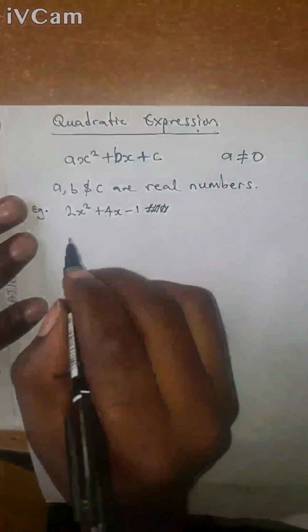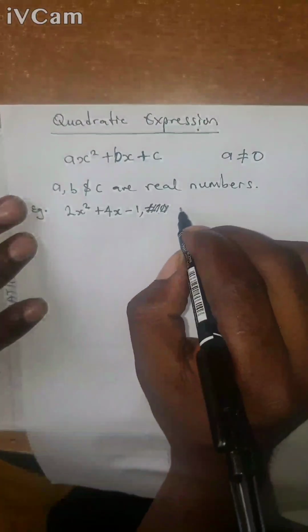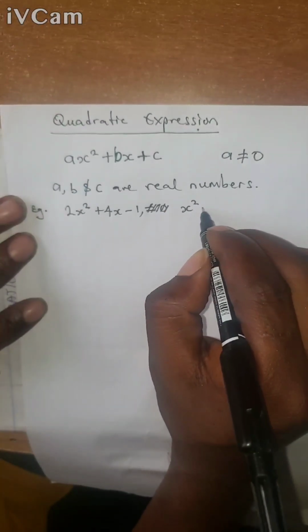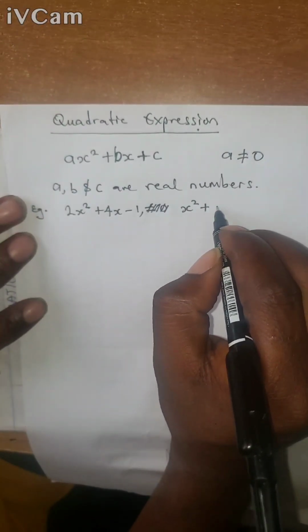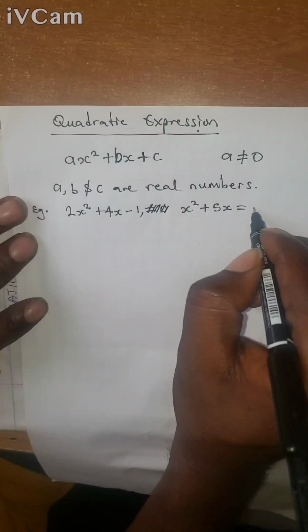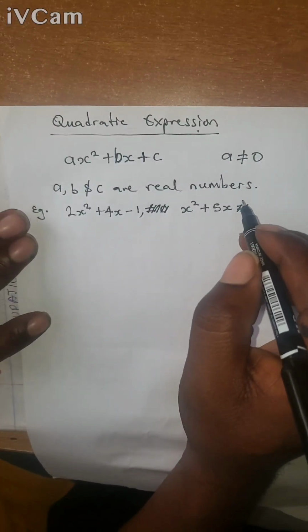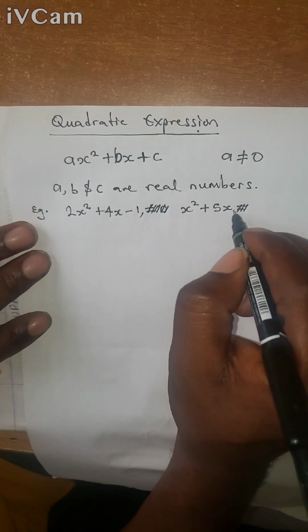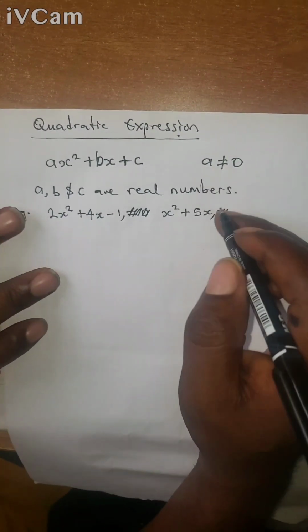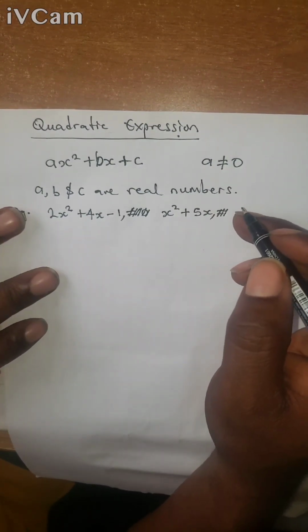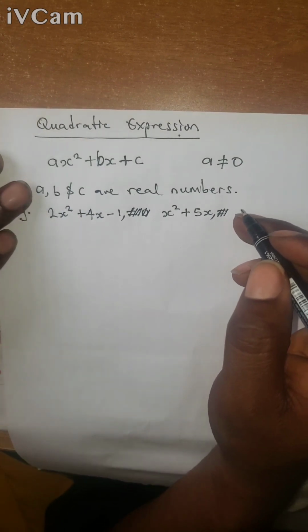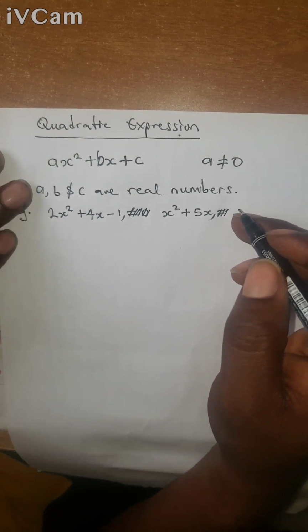We can have s squared plus 5s. Because it is an expression, there is not supposed to be any equality sign.